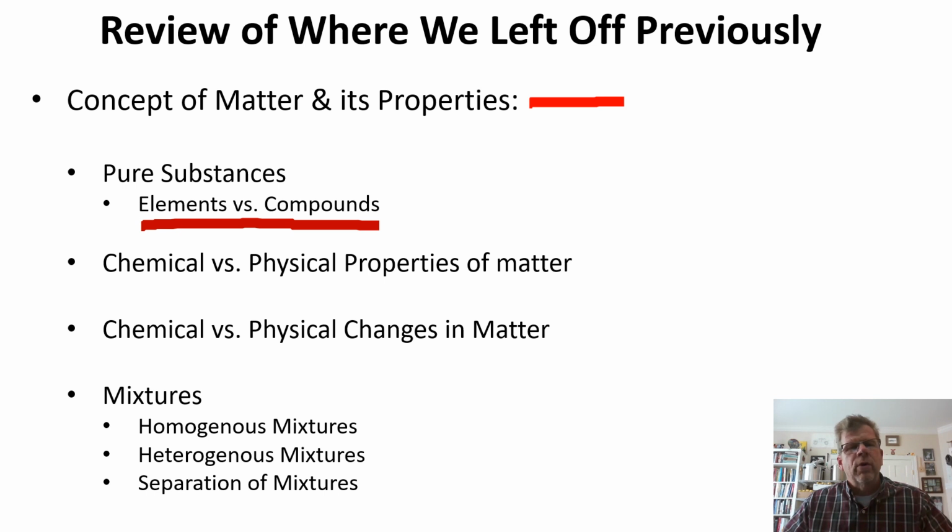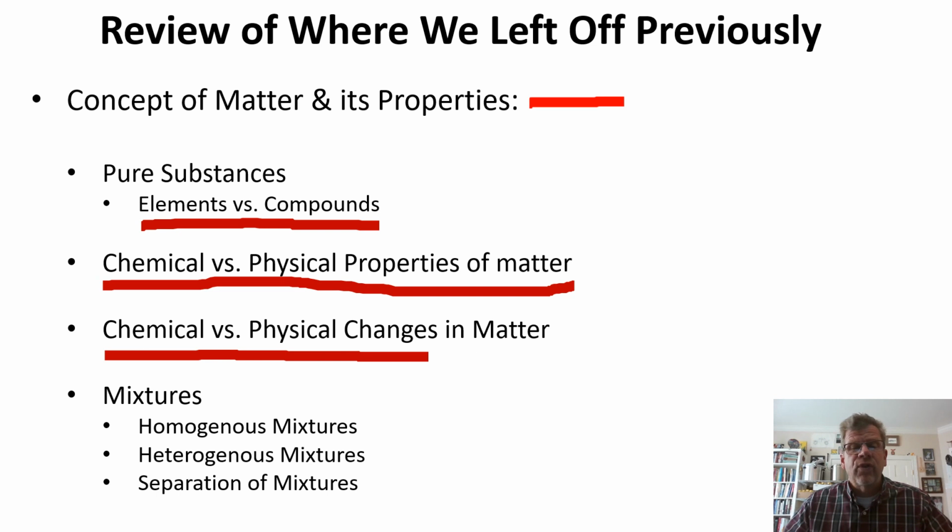Also, we looked at chemical versus physical properties of matter, and along with those properties, the concept of changes in pure substances, chemical versus physical changes in a sample of matter.